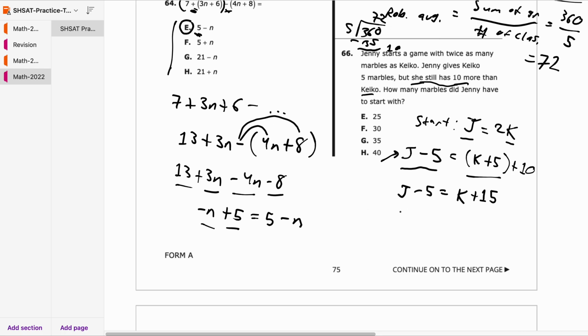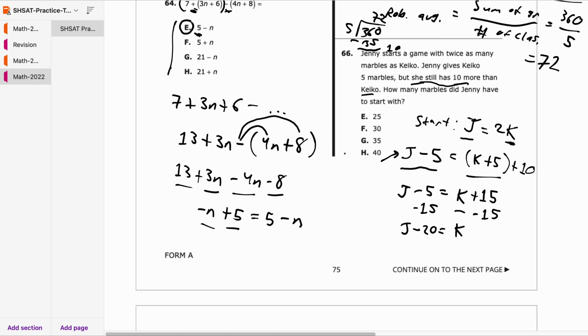And I'm going to solve for K here and then plug it in here. But it doesn't really matter how you do it, right? You have a system of two equations. So I'm going to subtract 15 here and 15 here. So basically we are left with K is equal to J minus 20.